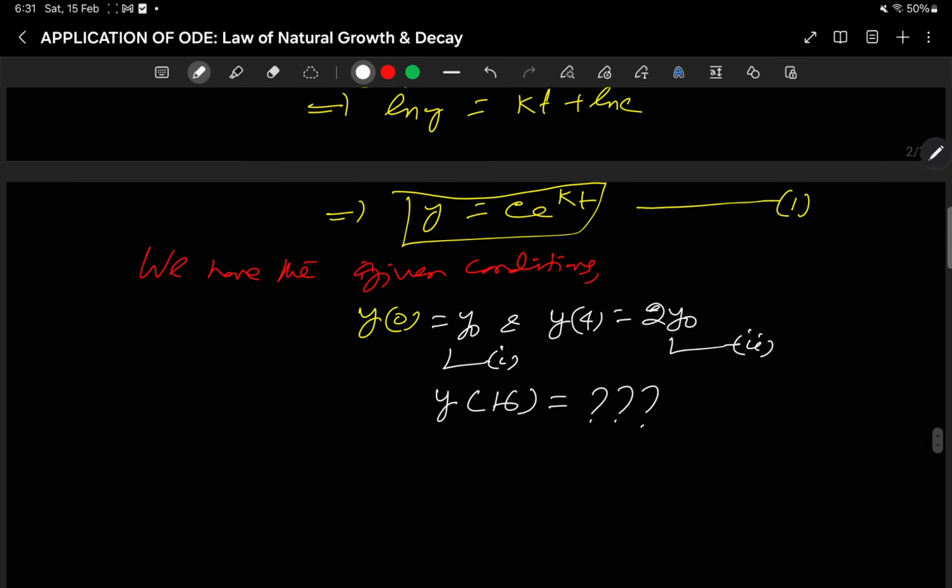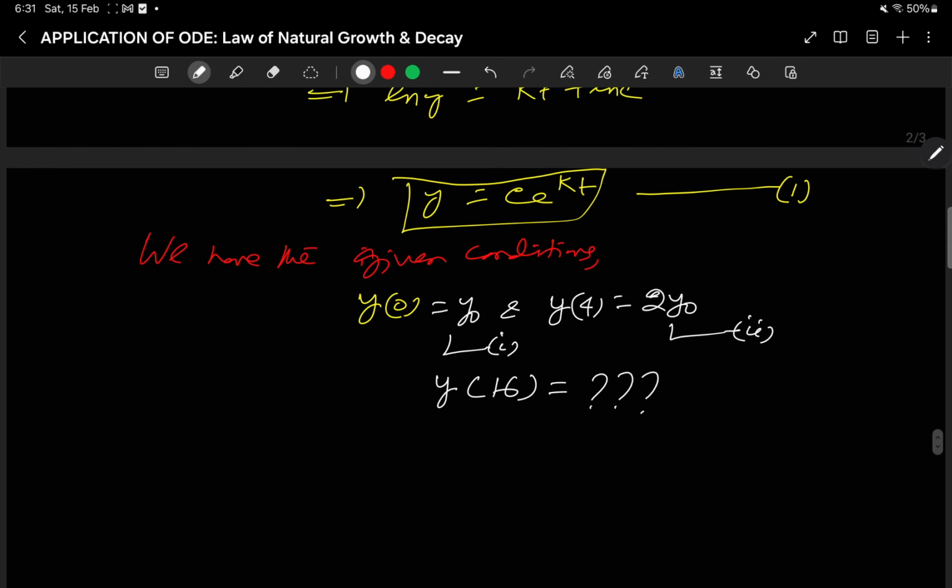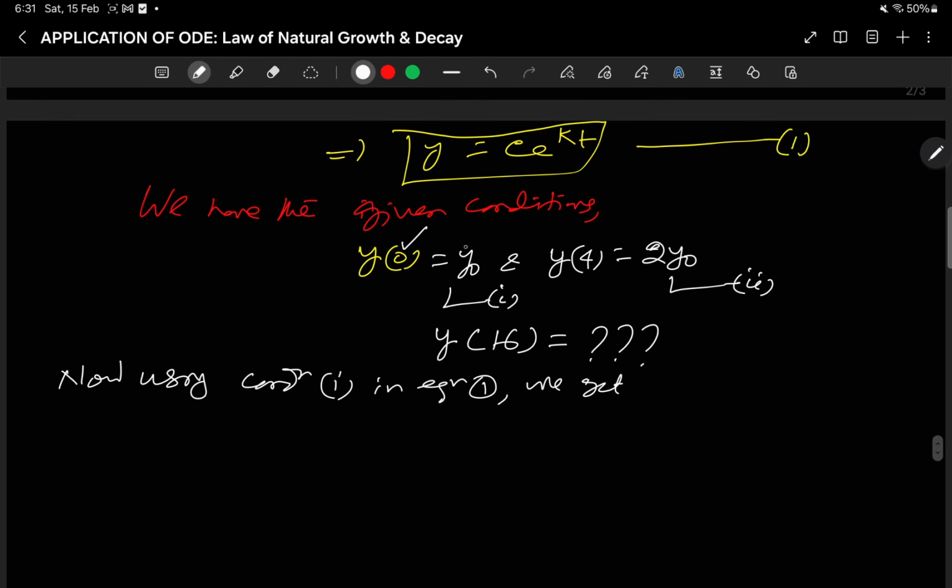Okay. So now imposing condition 1 and 2, using condition 1 in equation 1, we get, when time is 0, y is y0, so y0 is equal to c. So this is c.